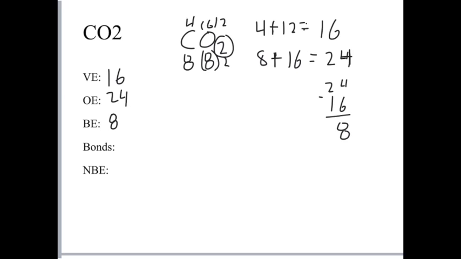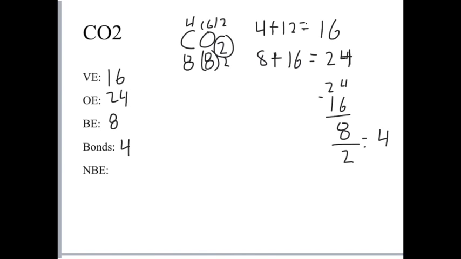Next, I need to find my bonds. To find the number of bonds that I'm going to use in my Lewis structure, I take my number of bonding electrons and divide by 2. So I've got my 8 here, and dividing that by 2 gives me 4, which means the number of bonds, or lines, I need to use in my Lewis structure is 4.